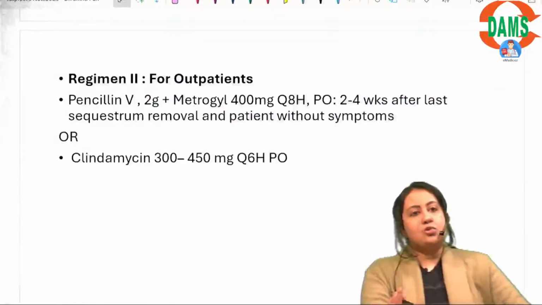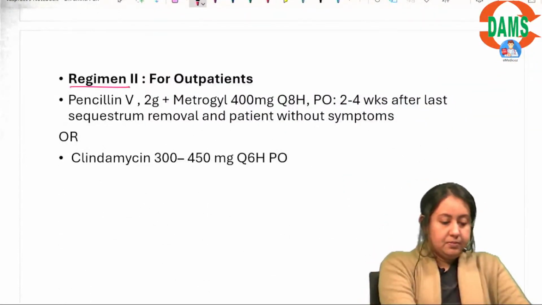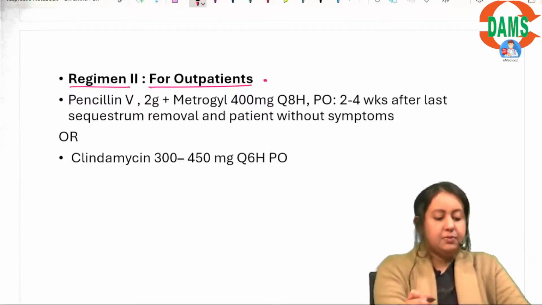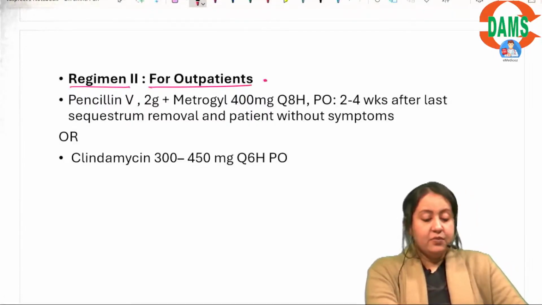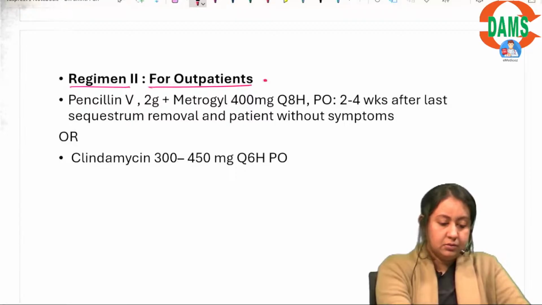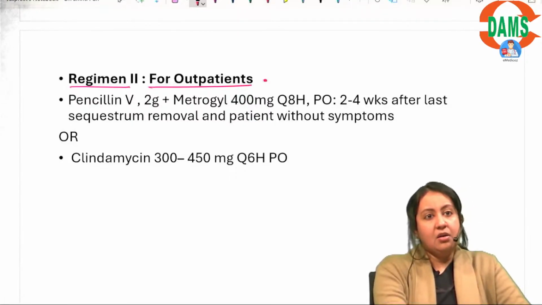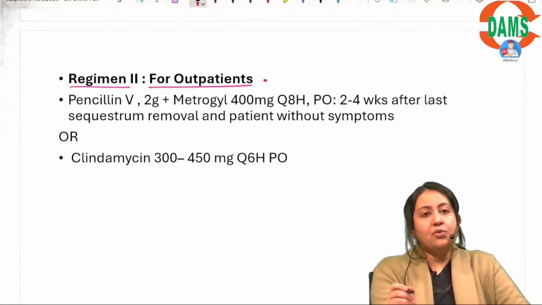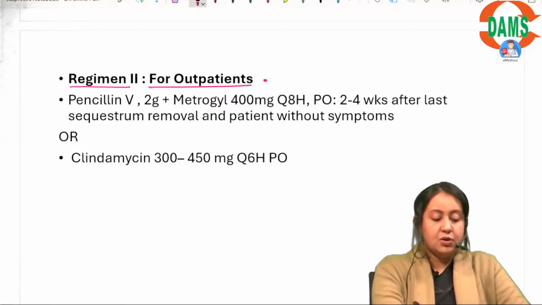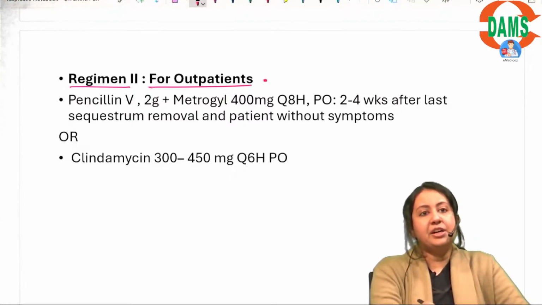Now regimen 2 for outpatients. Penicillin V 2 grams plus Metrogyl 400 milligram 8th hourly per orally for 2 to 4 weeks after last sequestrum removal and patients without symptoms.